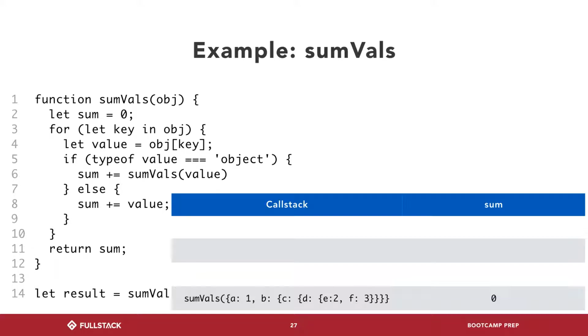Instead of an empty string, we have an empty sum at the beginning. We go through every key value pair in the object, and we're saying, for this key, this is the value. If the value is an object, let's recursively call ourselves. If the value is not an object, we're going to assume it's a number, and we'll just add it to the sum. And then once we go through everything, we're going to return the sum.